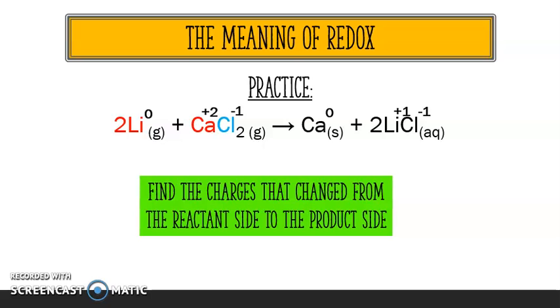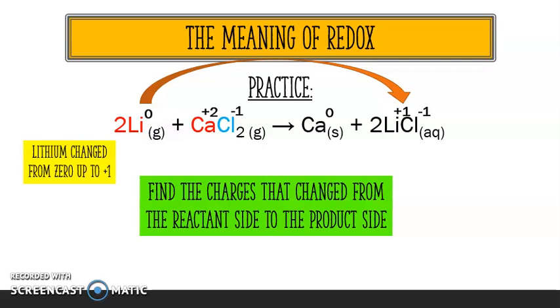So look at the reactant side, look at the product side, and determine what elements did change charges. The first thing I notice is that lithium starts off with a zero charge and ends up with a +1. Well, that to me looks like an upward change in the charge. It became more positive over time. So we can actually say that the lithium has been oxidized.